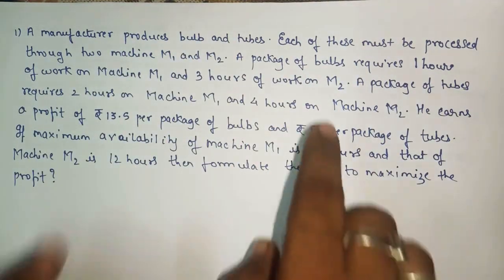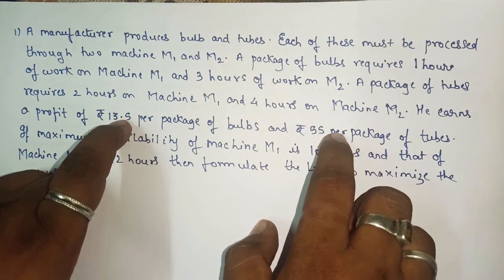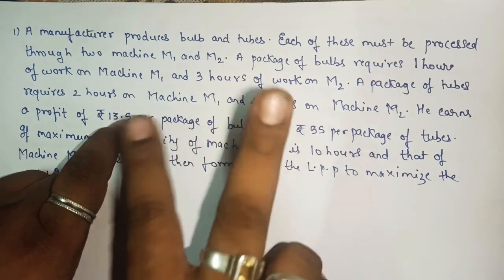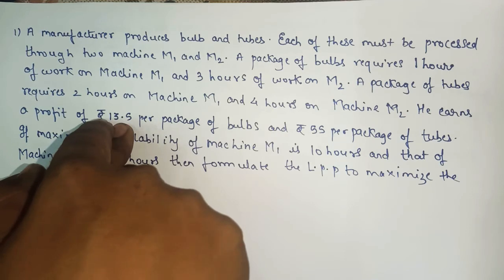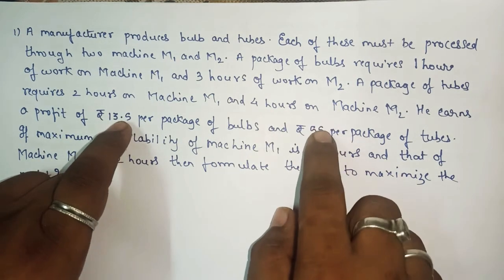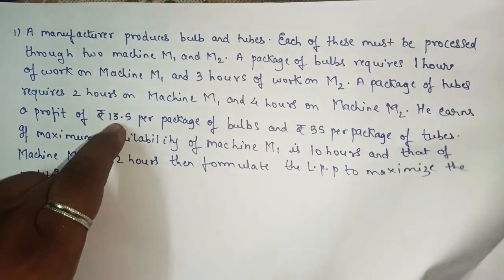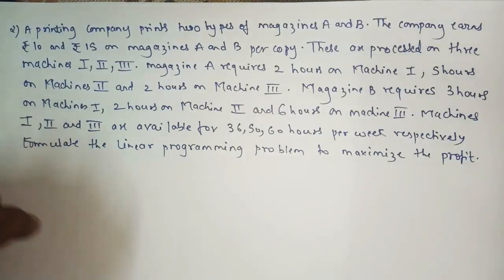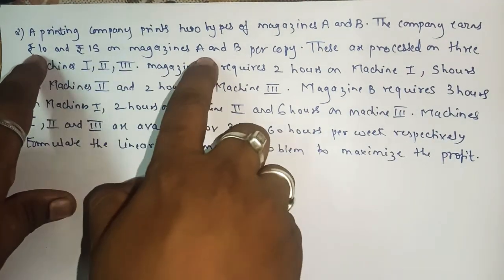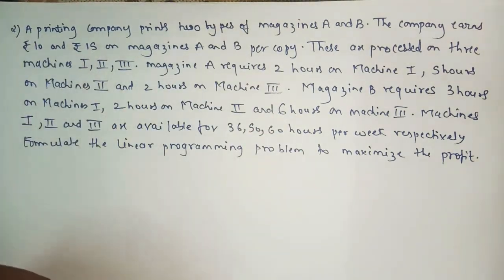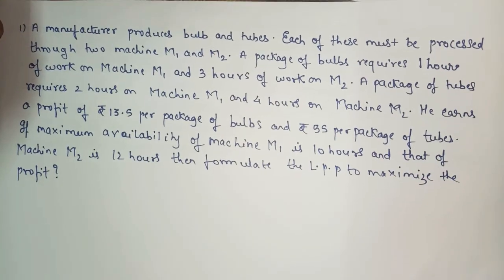Just remember the first type as the one with 2 rupees, meaning there will be 2 units of rupees, like one for bulb, one for tube, or like here, 10 rupees for magazine A and 10 rupees for B. And the second type of sum is based on speed, distance and time.